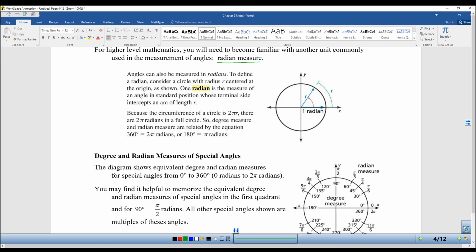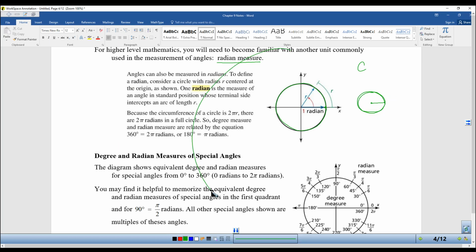So to help you understand it just a little bit, think about the circumference of a circle. The circumference of a circle means the distance all the way around that circle. But what could change the circumference of a circle? The size of the circle. So if I made the circle smaller, a smaller radius, then the circumference is smaller.